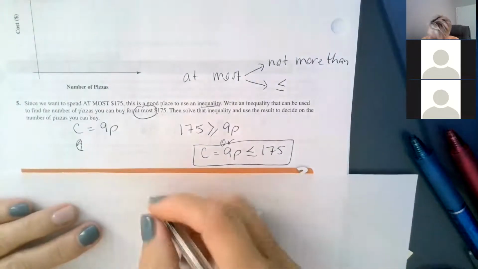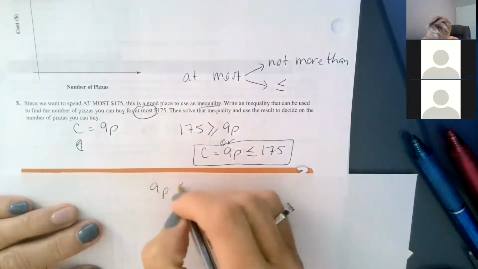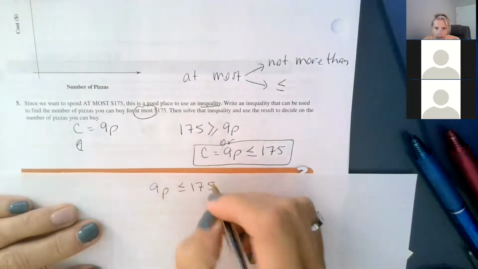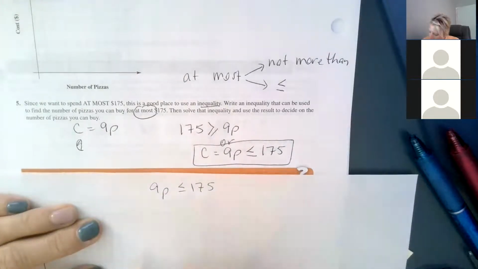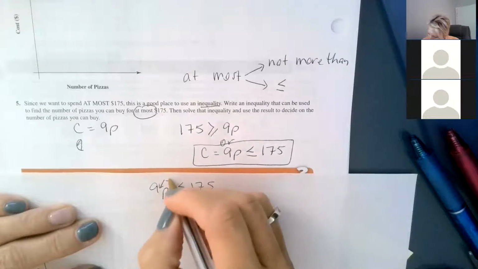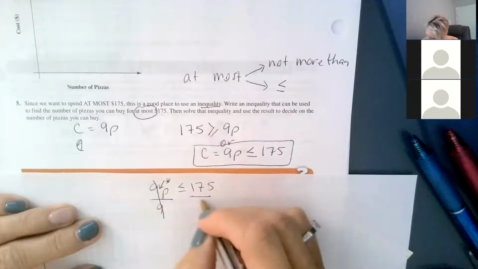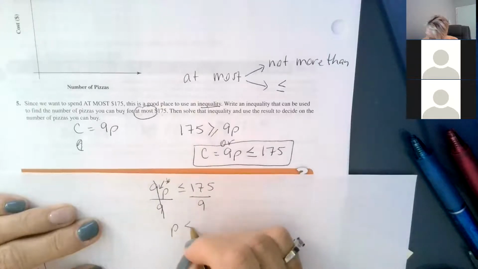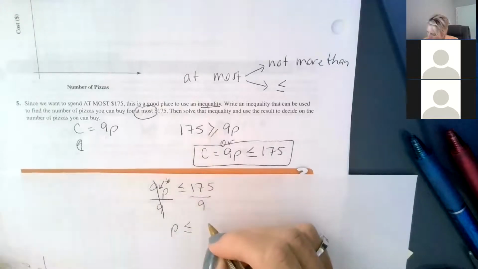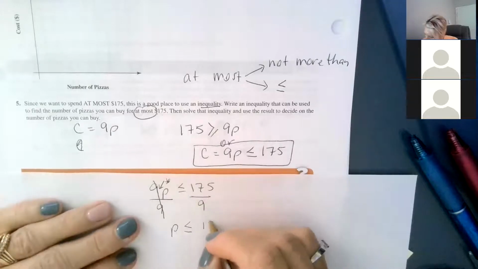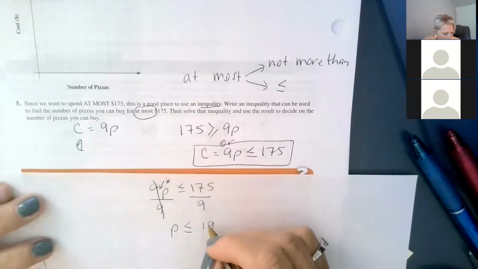If 9p has to be less than or equal to 175, and because we're multiplying here, we're going to divide by 9 to undo the multiplication. So the number of pizzas has to be less than or equal to the 19.4 or whatever you had.